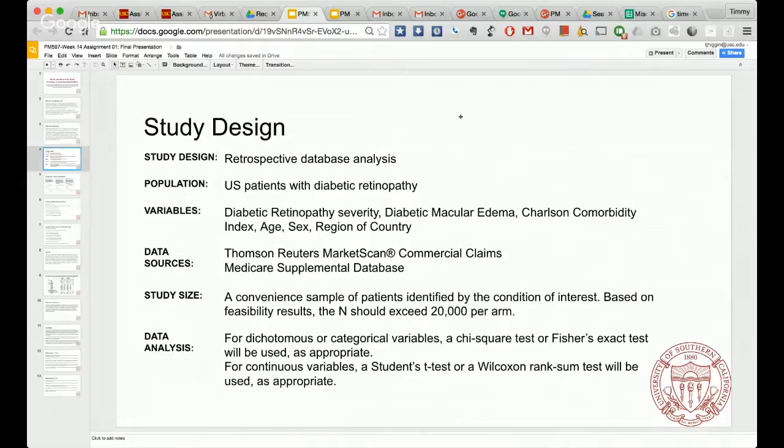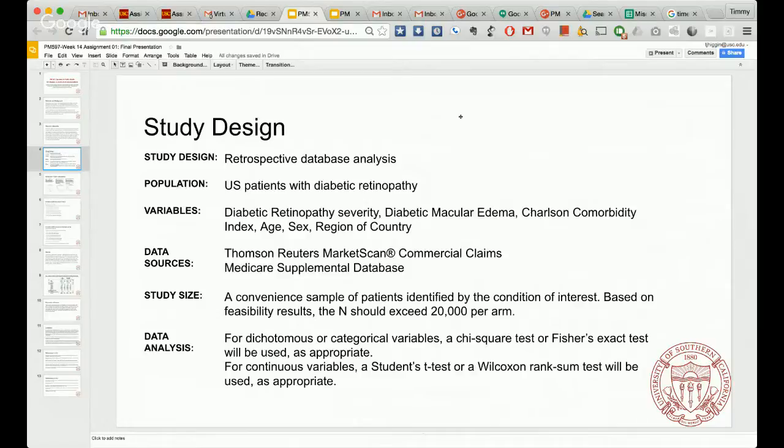The design is a retrospective database analysis utilizing US patients with diabetic retinopathy, the two cohorts being with and without diabetic macular edema. There are a number of variables that we studied, and we pulled data from two different databases.